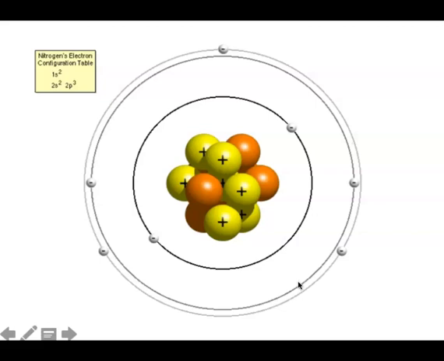This will make a little more sense when I show you another slide in just a second. So S's always have room for only 2. It turns out the next level here has room for 6. And of course, we don't need to put a total of 6 in there. We only need to put 3 in there because we know that we have to put 2 electrons in the first shell, and we put another 2 in the second shell.